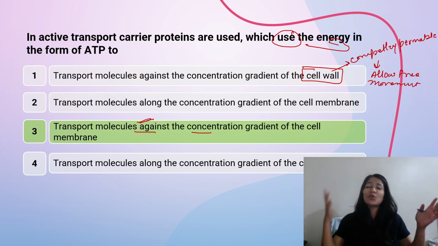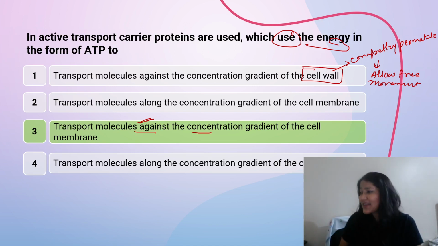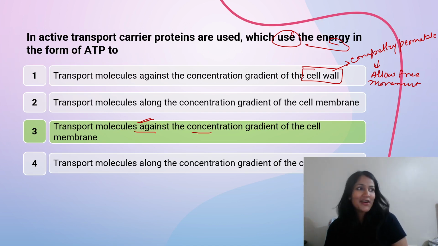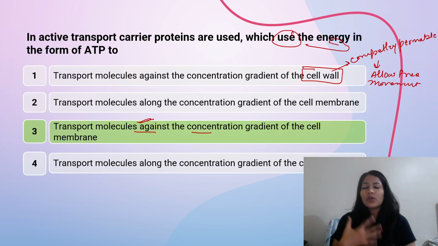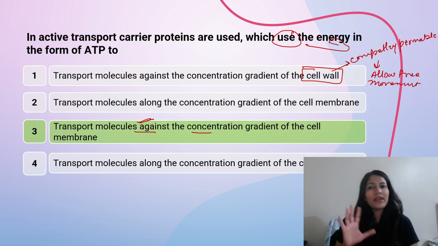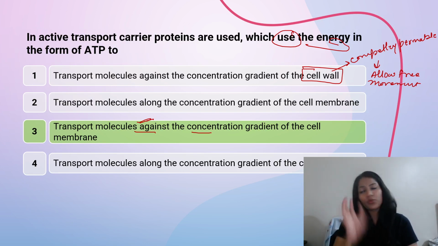Like it's a door, it's a gate, and it's always open for everyone. You can come inside the cell, no issues. Calcium, welcome to the cell, right? So it's not going to stop anyone from entering the cell. It's a free movement, right? Cell wall is not going to interfere with the movement. Okay.